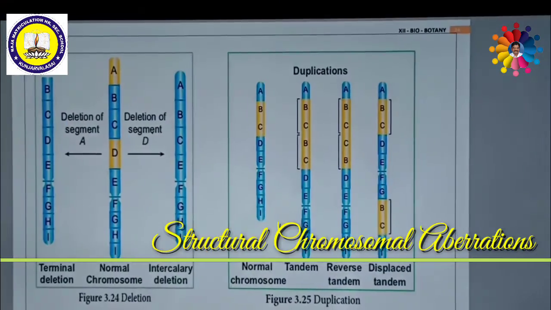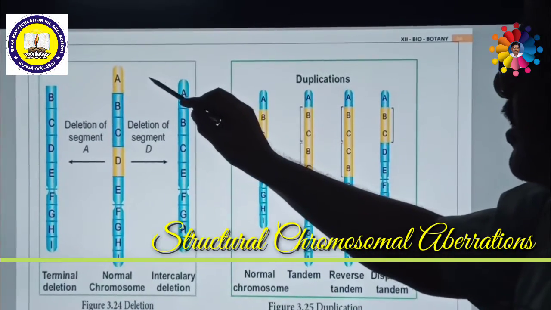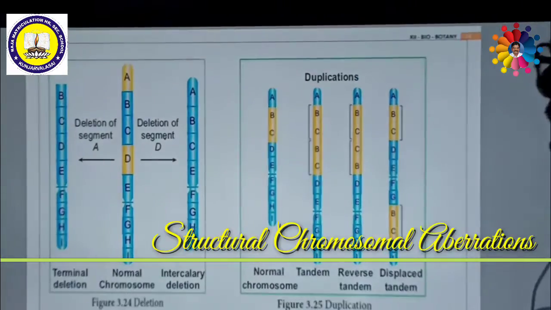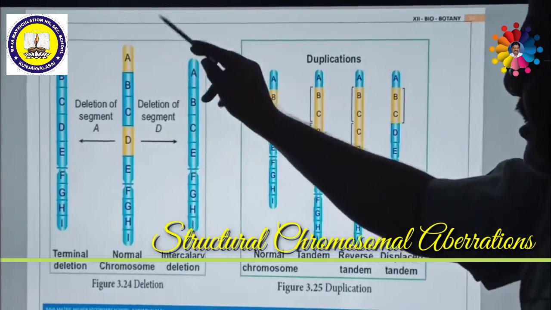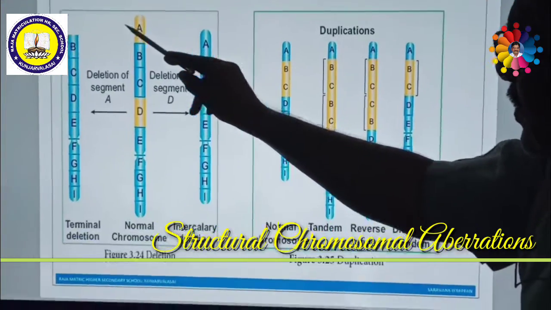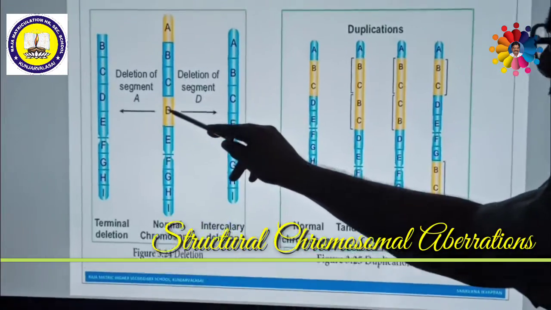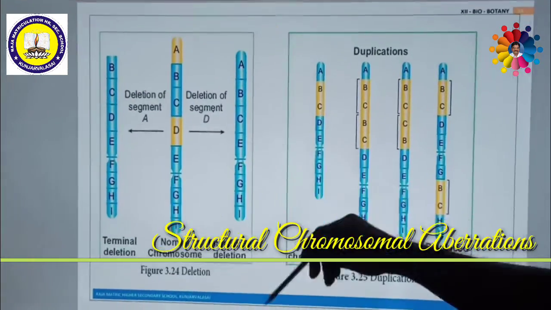Deletion. What is deletion? Deletion means removal of a gene or a part or segment of a chromosome. Suppose the gene A is removed. This is one type of deletion. If the gene in the middle is removed, this is another type of deletion.